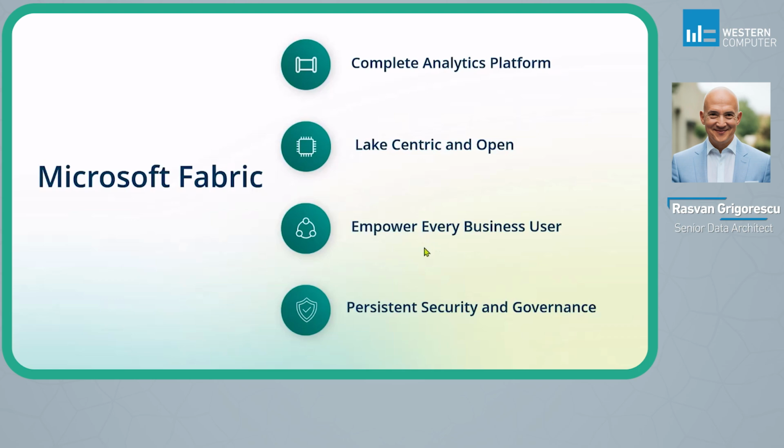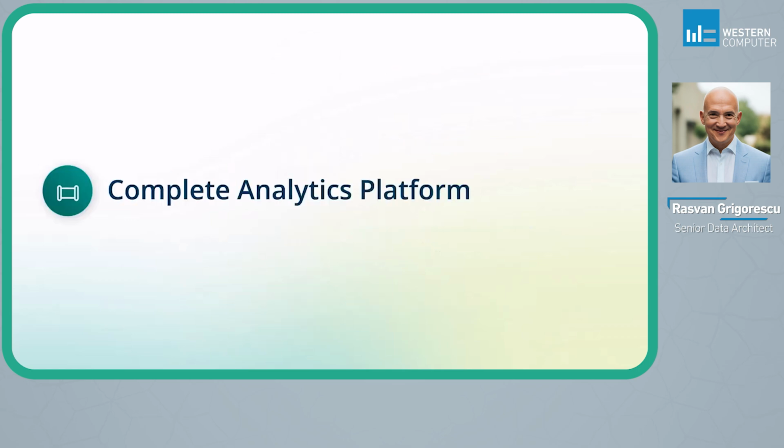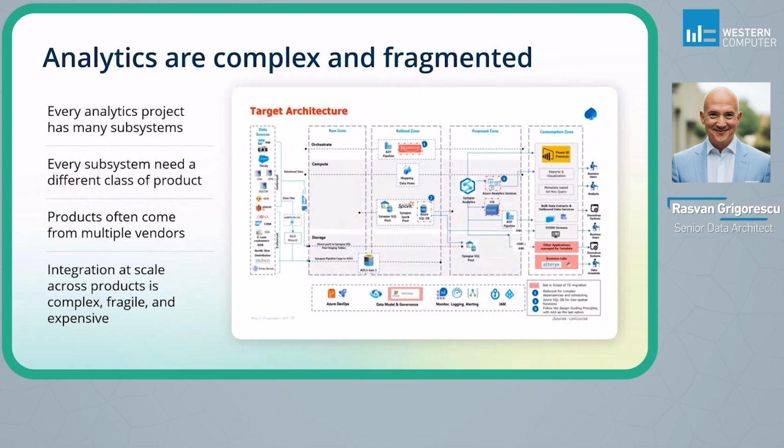So let's start with the first one. And this, in our opinion, is a key differentiating feature. It is a complete analytics platform. In the past, this is how a typical implementation of a data warehouse used to look like.